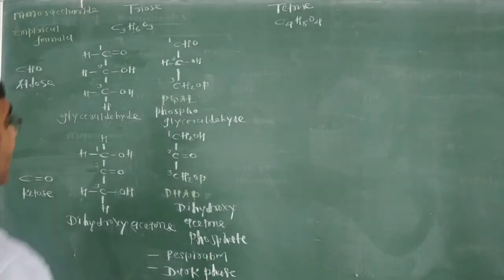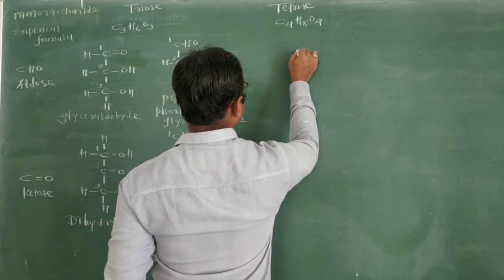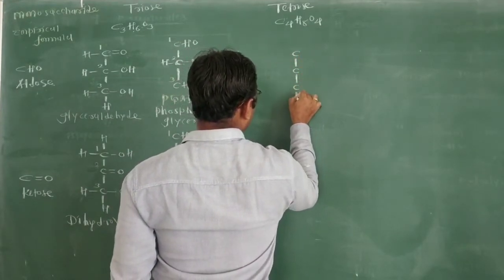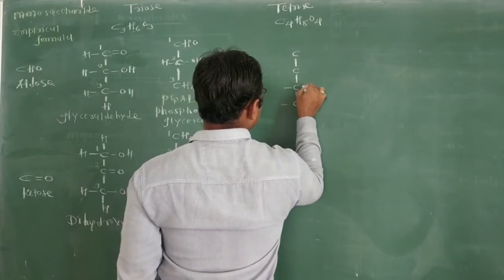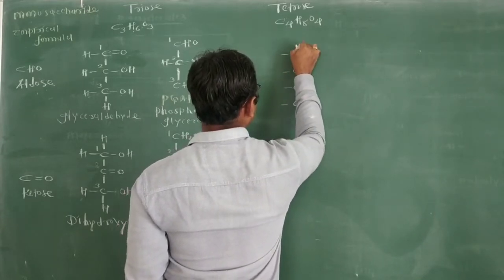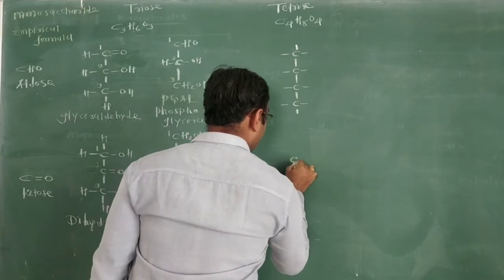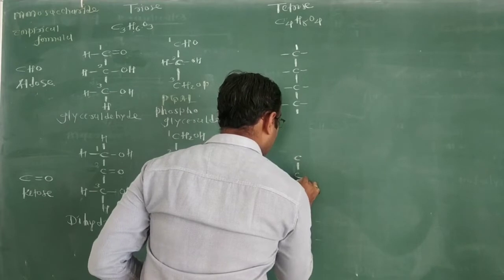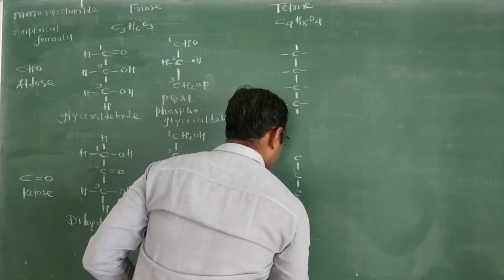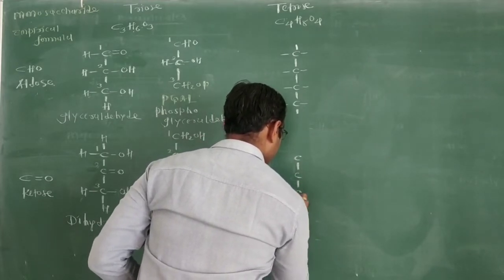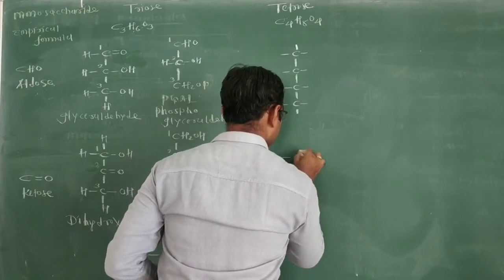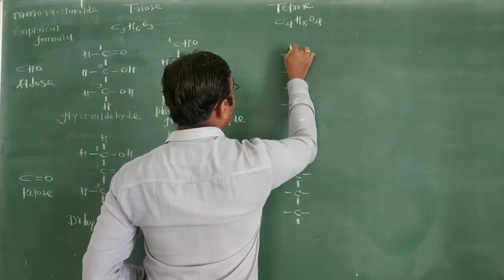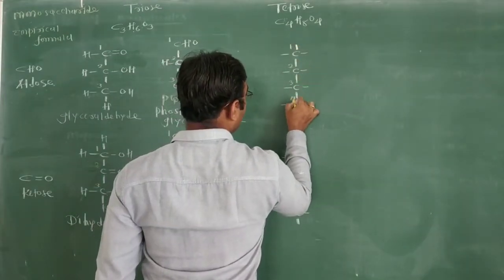Okay, now we have to arrange one row of 4 carbons for aldose, each having a valency of 4. Once again, 4 carbons in one row for the ketose type of tetrose: first carbon, second, third, fourth.